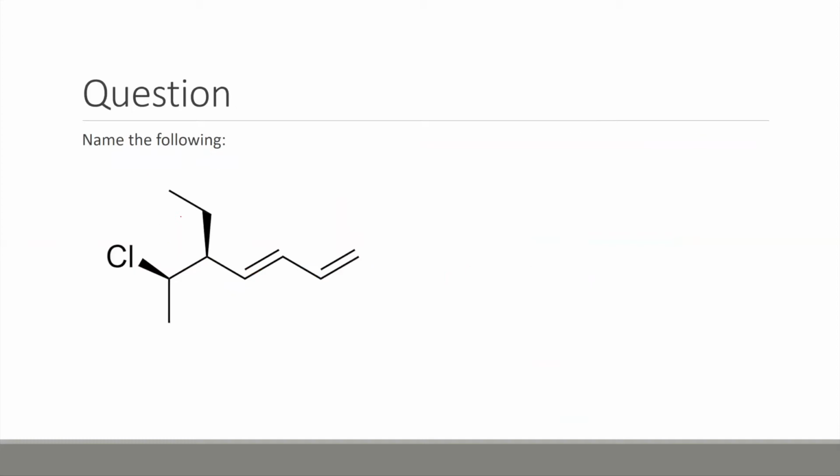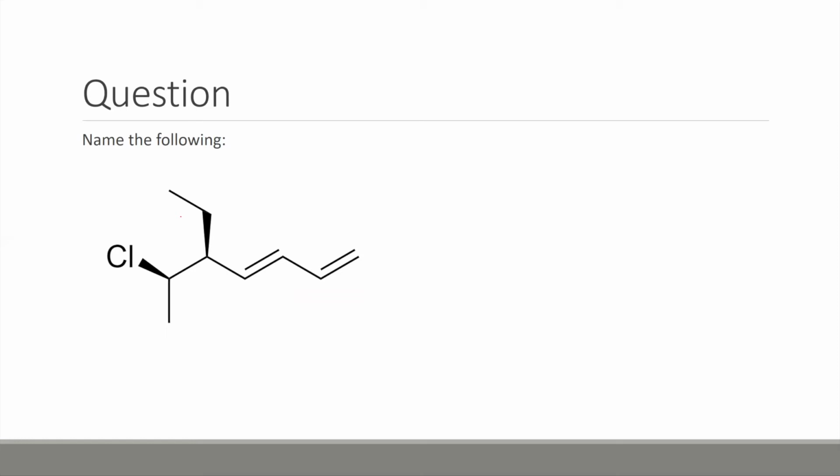Okay, let's do another example. This question here, I threw all the stops out to give you kind of a really hard example in naming using all of what we've talked about. So this is going to have almost every situation we've talked about in practicing naming. Okay, again, first thing, find longest chain.